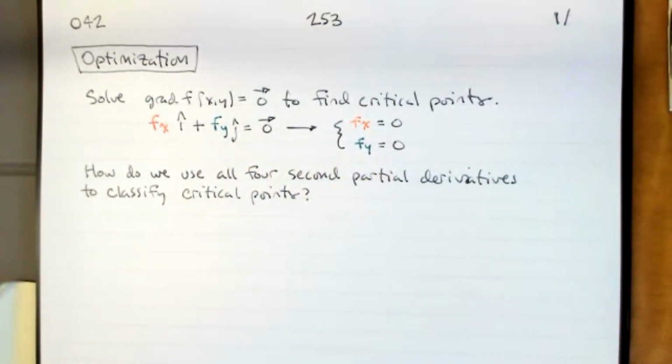How do we use all four second partial derivatives to classify at a critical point?